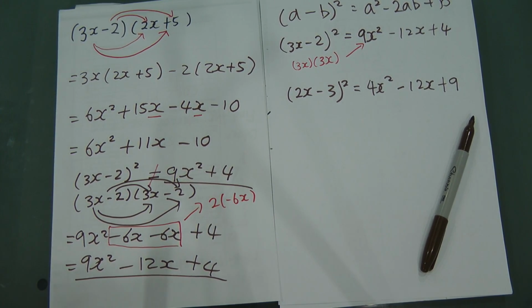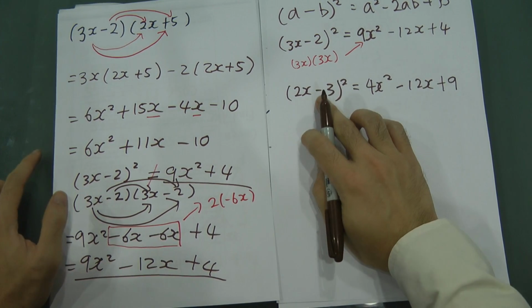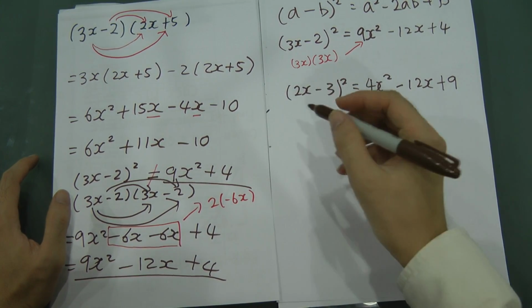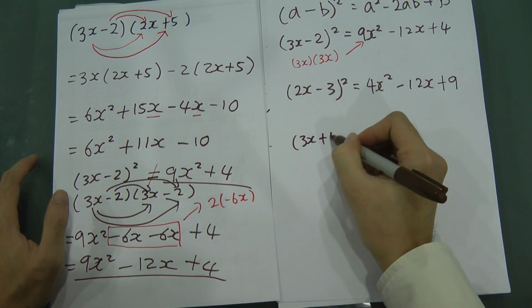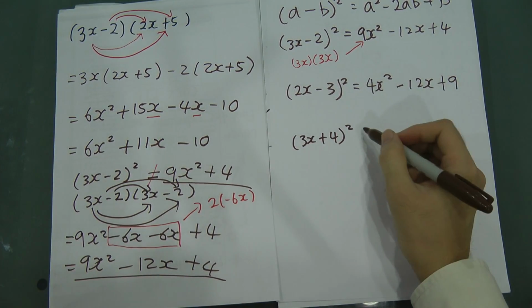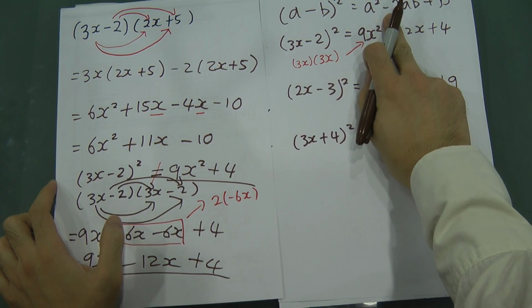Okay, if you understand this one, then maybe I give another. If this one is plus, let's say we have (3x plus 4) squared. Same thing, but the only difference is this one will become positive.